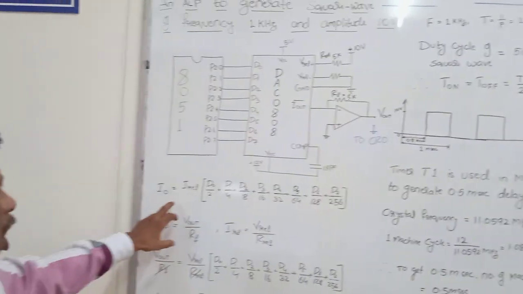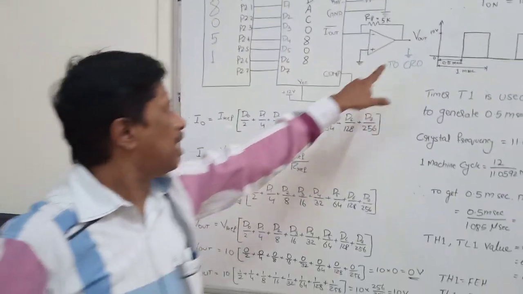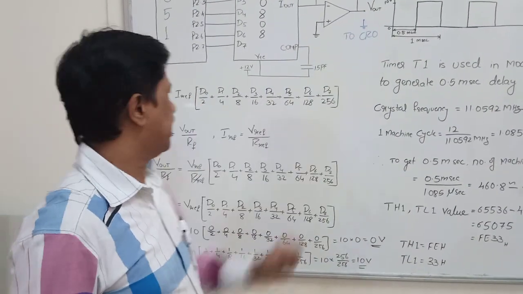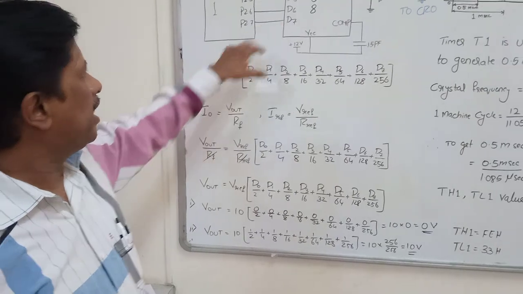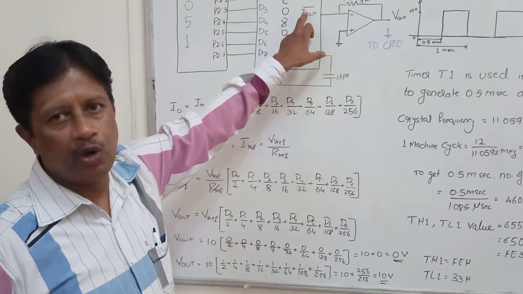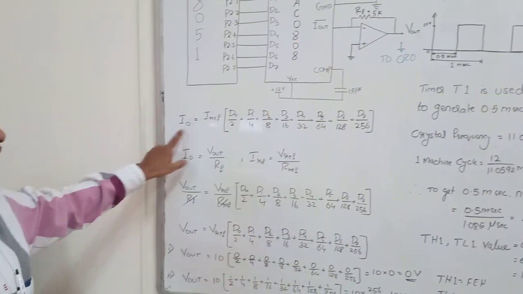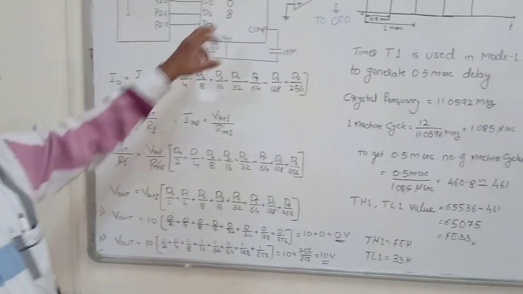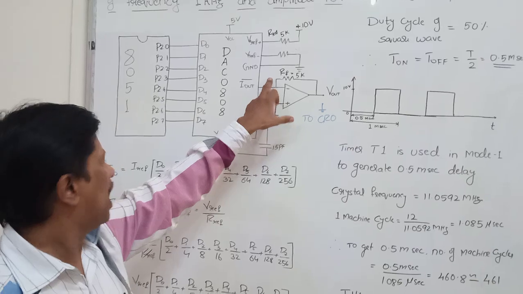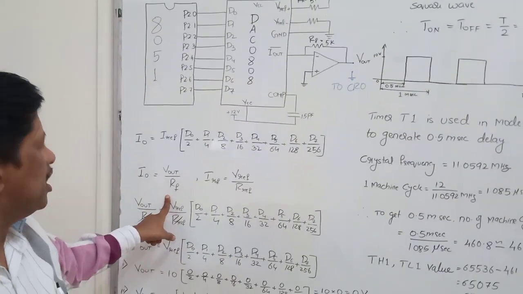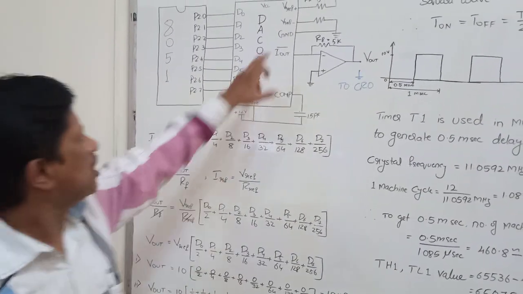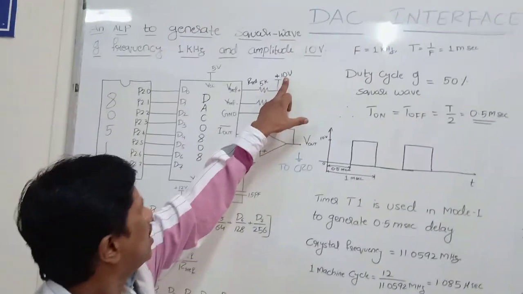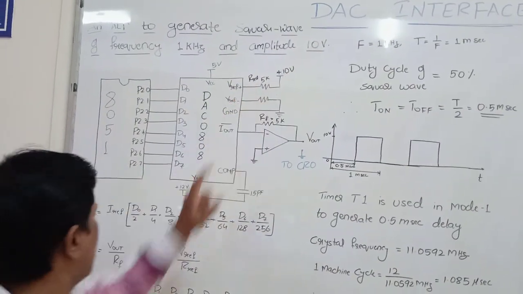Now let us see how to calculate the output voltage. At the output we are going to get the current I0, which is given by V out divided by RF. Similarly, I reference is given by V reference divided by R reference.